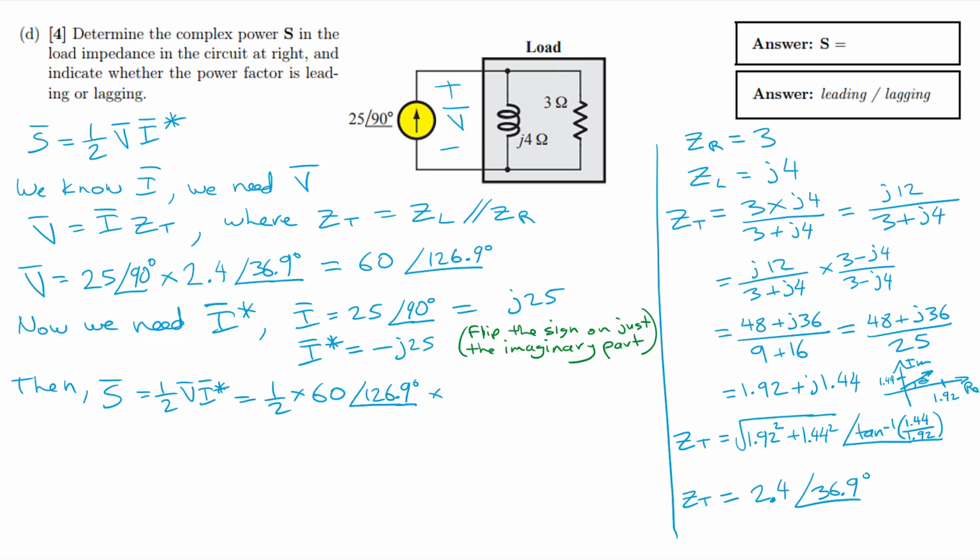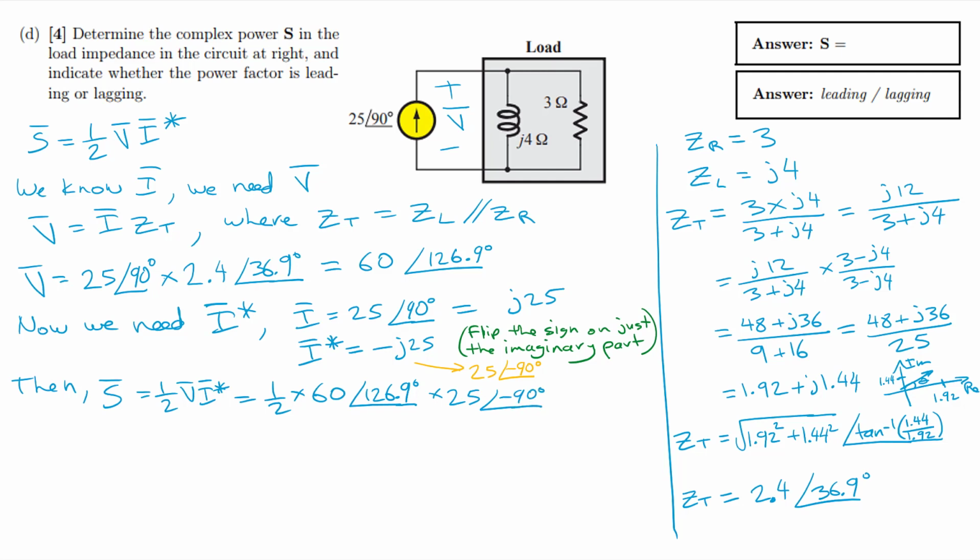And then the complex conjugate is what we found over there. We have to convert this one to phasor form. So it's just going to be magnitude of 25 and a phase angle of minus 90 degrees, right? So that's what we're going to plug in. It's going to be 25 at a phase angle of minus 90 degrees.